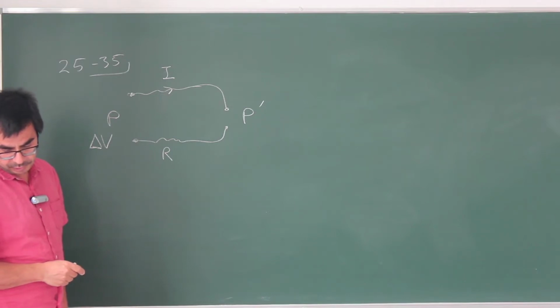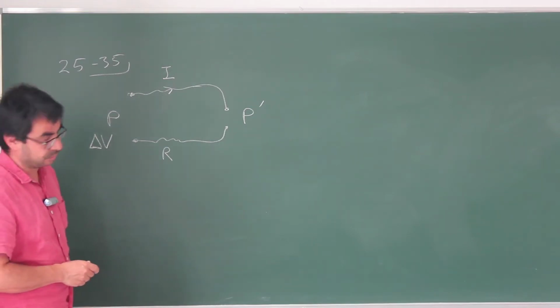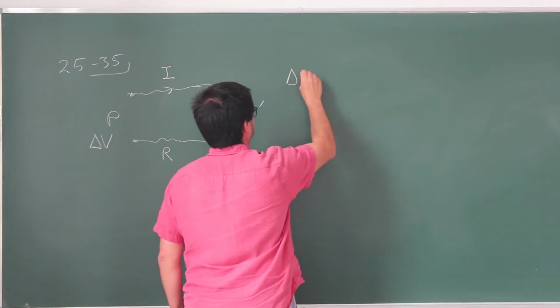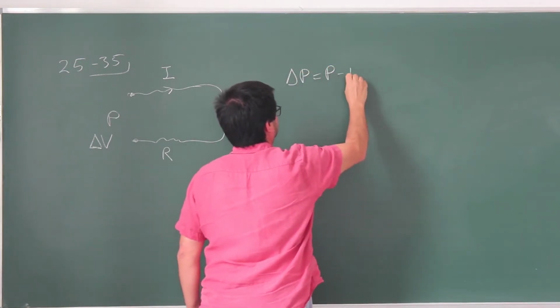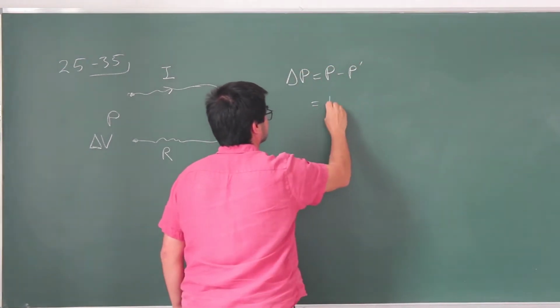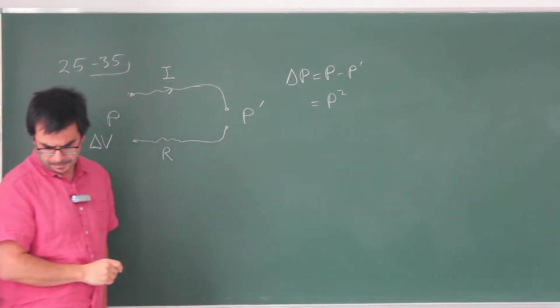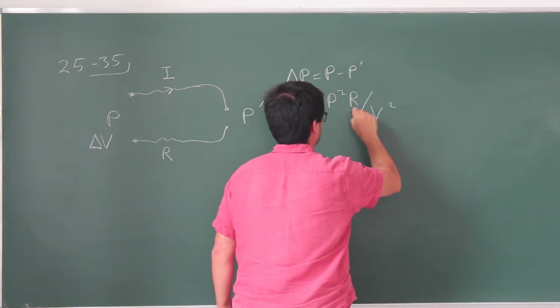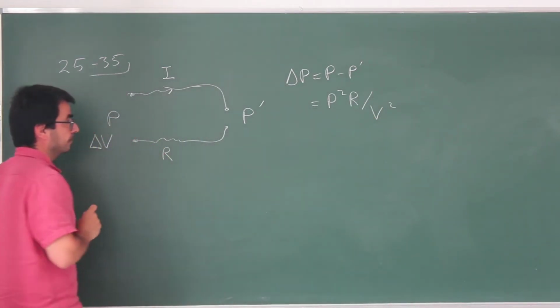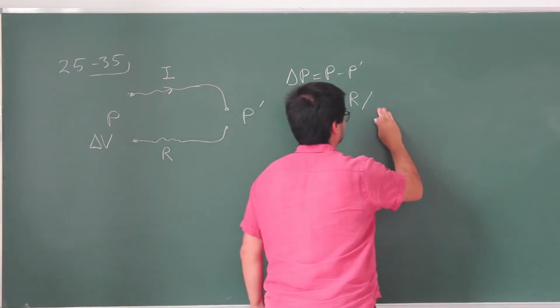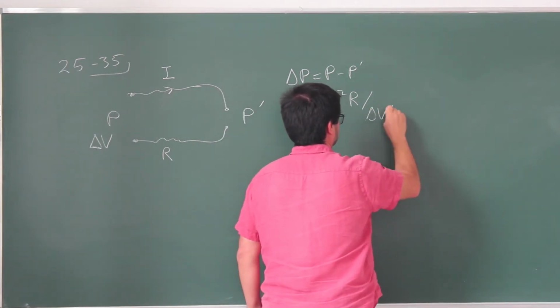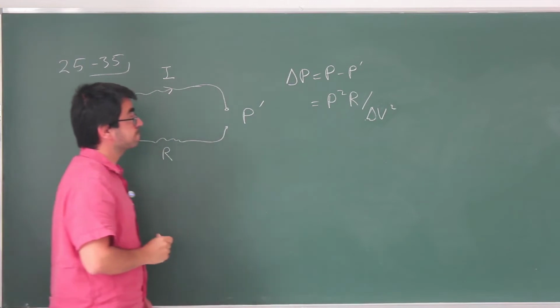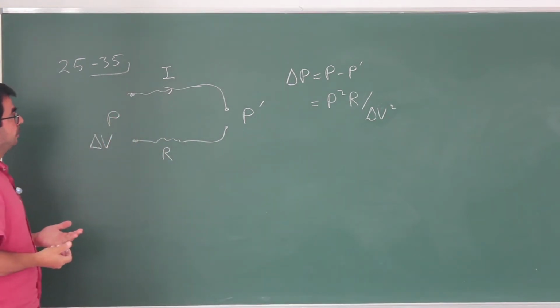And they are asked to show that the reduction in the power, delta P, which is defined to be P minus P prime, due to transmission loss is given by delta P equals P squared R over V squared, R being the resistance of the transmission line. And again, I'm going to call this delta V squared, rather than V squared. So how do we approach this problem?